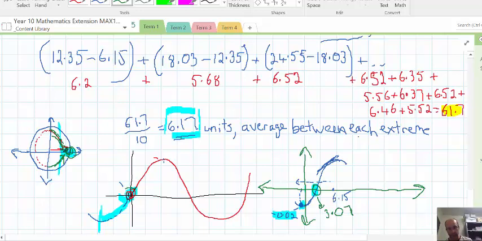So basically the 3.07 on a standard trig graph would be happening, that point that's got that label on it, on our graph here, that would normally be happening 3.07 units to the left of that. So this has been shifted to the right. It's got a right phase shift, or it's been translated to the right.